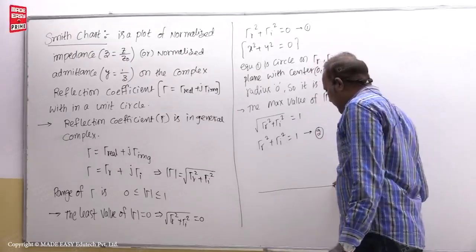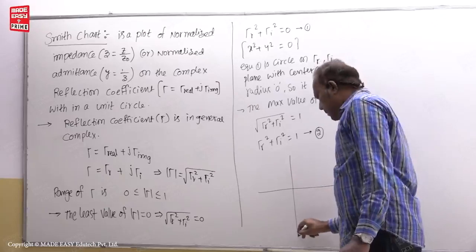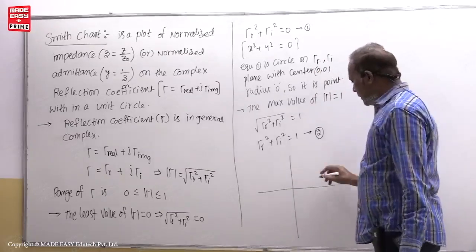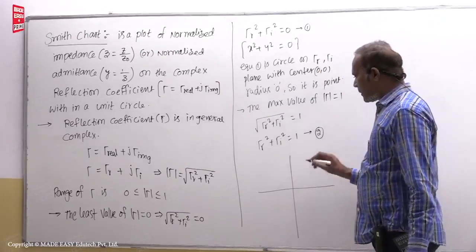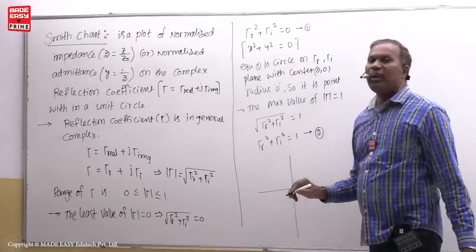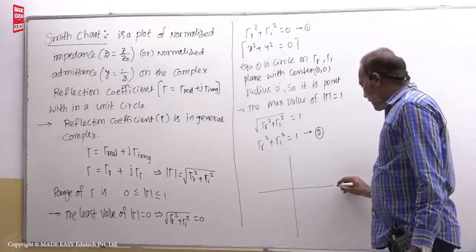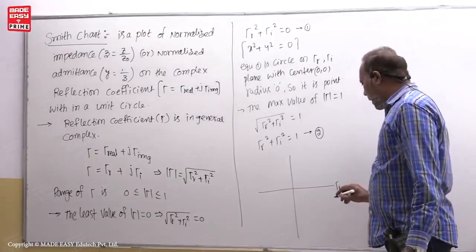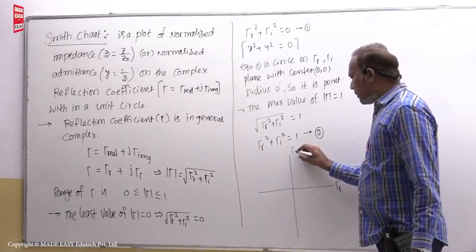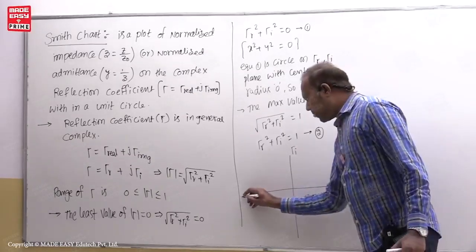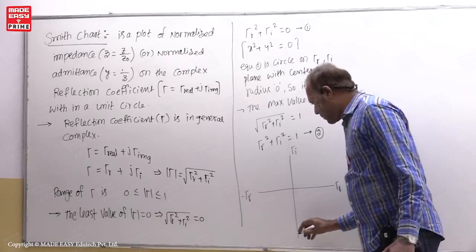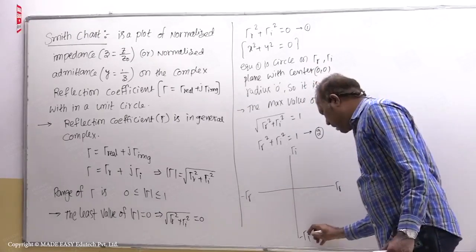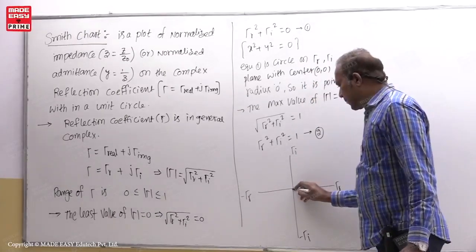So equation 2 I am drawing here. Let us take this as x-axis, this as y-axis, then that is called xy plane. Now let us take this as gamma r axis, this gamma I axis, then automatically this is minus gamma r axis, this is minus gamma I axis, this is center.